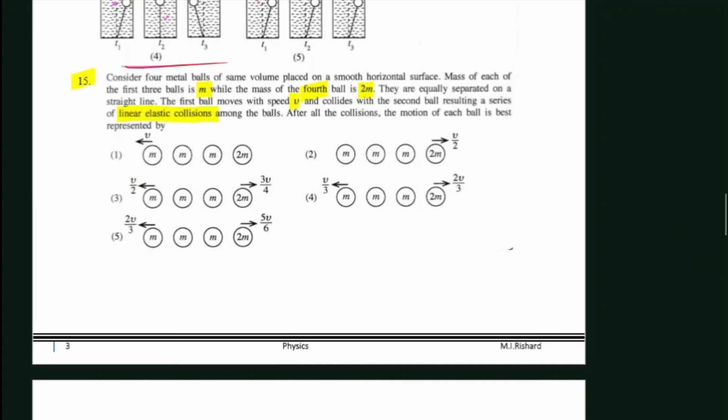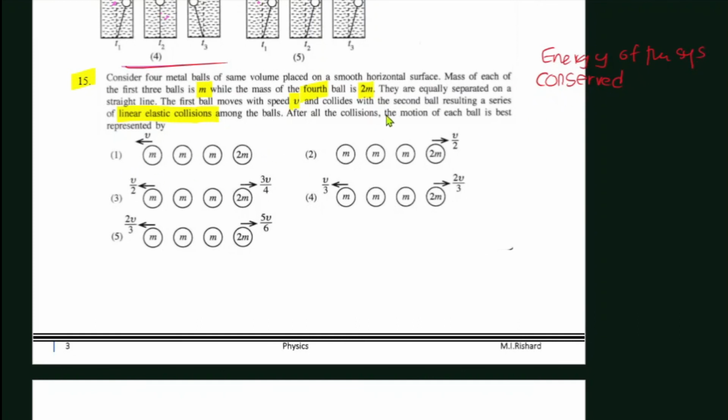What you need to understand is, here if you see, they have told that each and every collision is elastic, which means the energy of the system is conserved.